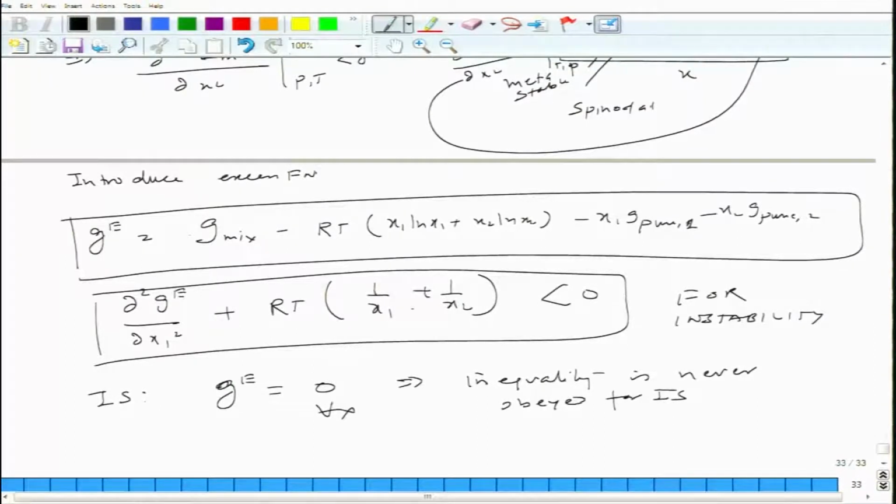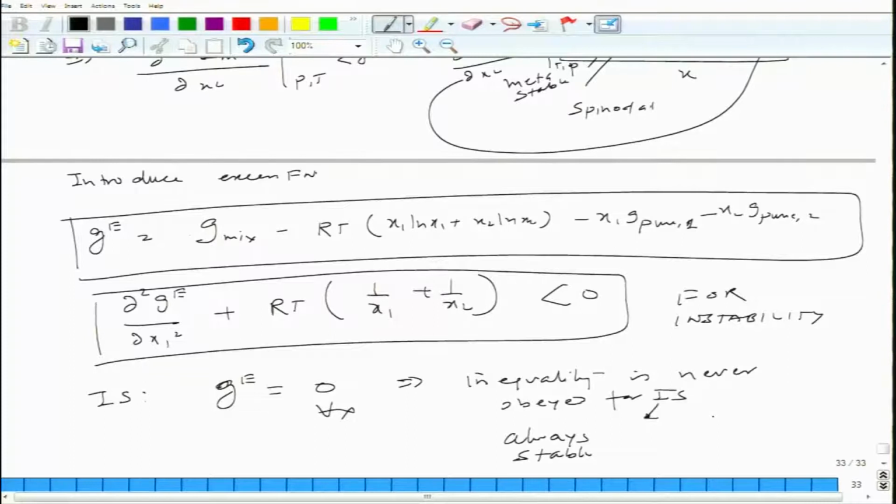You will not see these things, because all these are positives. So that means the ideal solution is always stable and cannot exhibit any phase separation or splitting, right? Always stable.